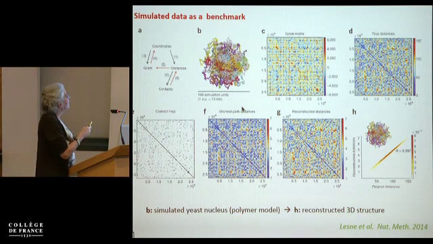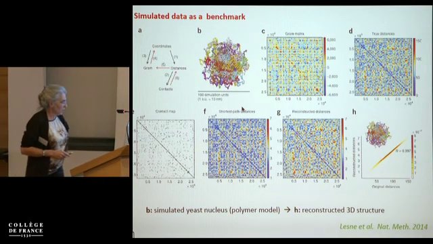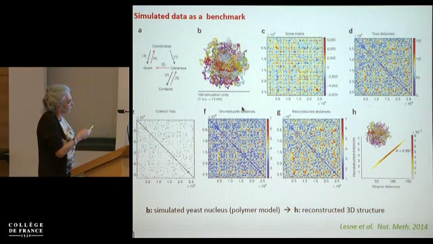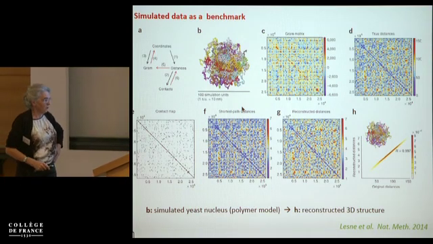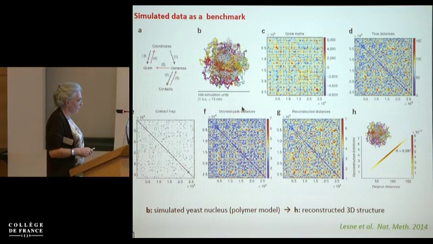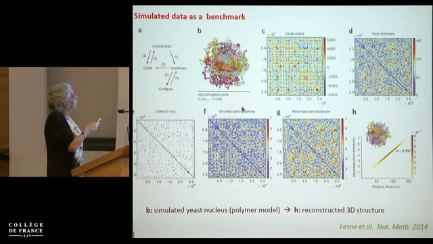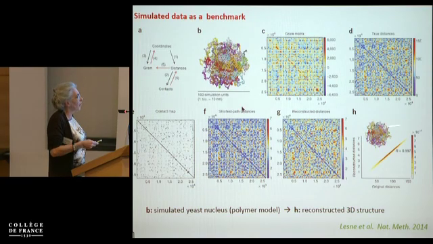So this is a simulated yeast nucleus, and then we derived first the direct step, passing from the structure to the coordinates, to the Gram matrix, to the distance, to the contact. So here it is a direct path, like that. And now it is the reverse path, and we got a very good correlation coefficient, a very good reconstruction. Of course, we tested that on numerous different structures and different conditions, but it appears that for such compact structures, the reconstruction algorithm is very good.